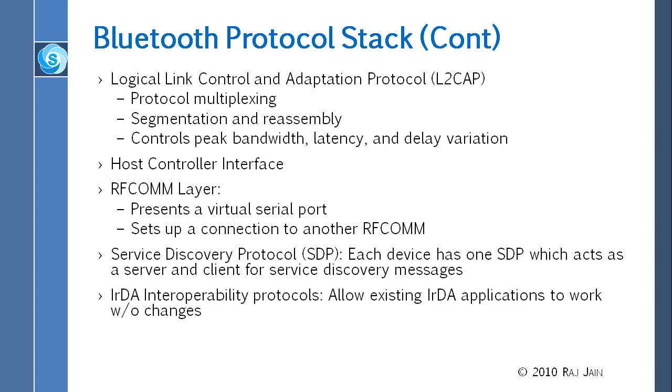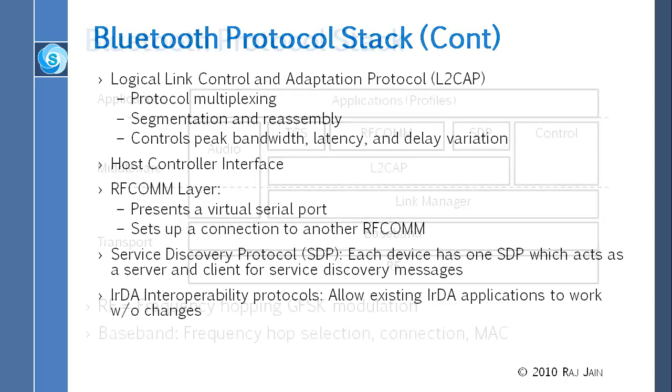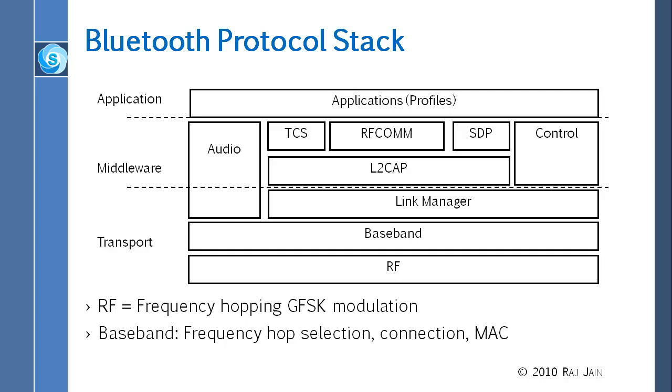And then there is the RFCOMM layer, which is RF communication. This is basically a layer which provides a serial port. Okay? So let me explain what a serial port is. If you remember, in the old computers, there were serial ports, right?